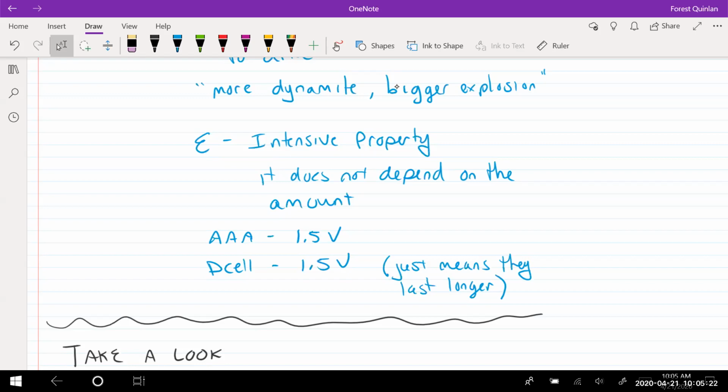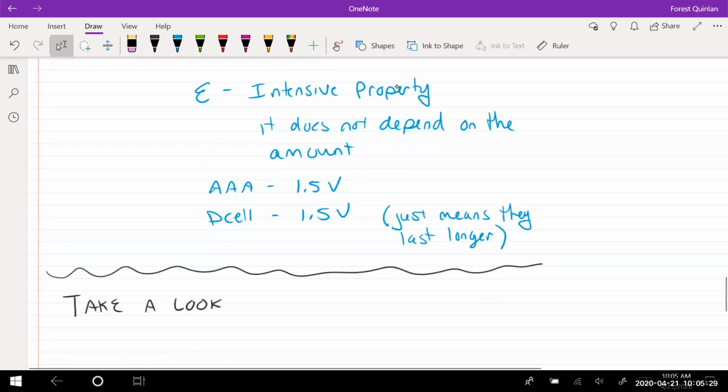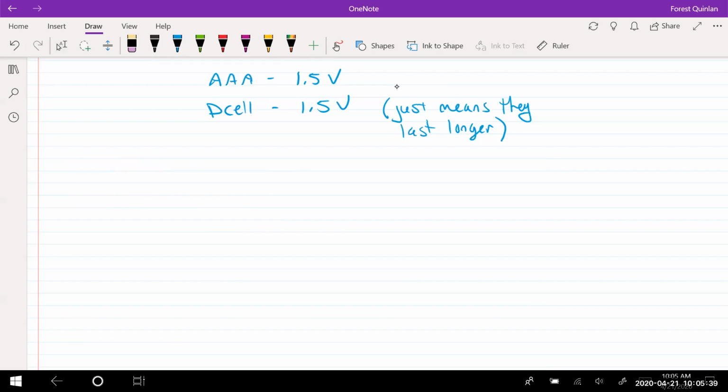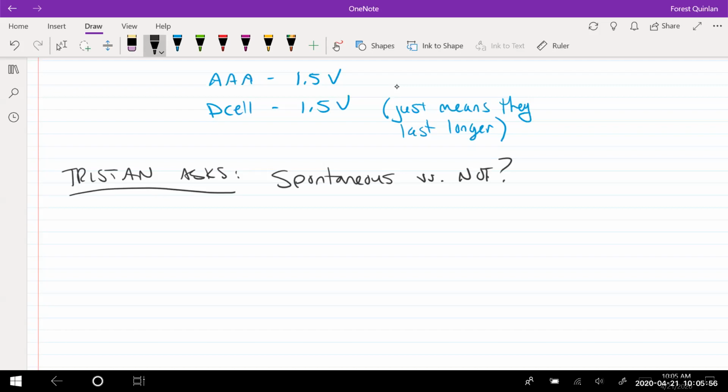Okay. So what I mean by that is, I'm just going to write this down and then erase it, okay? Let's get rid of this. So Tristan asks about spontaneous versus not. Here's what I mean. We actually already know this intuitively.